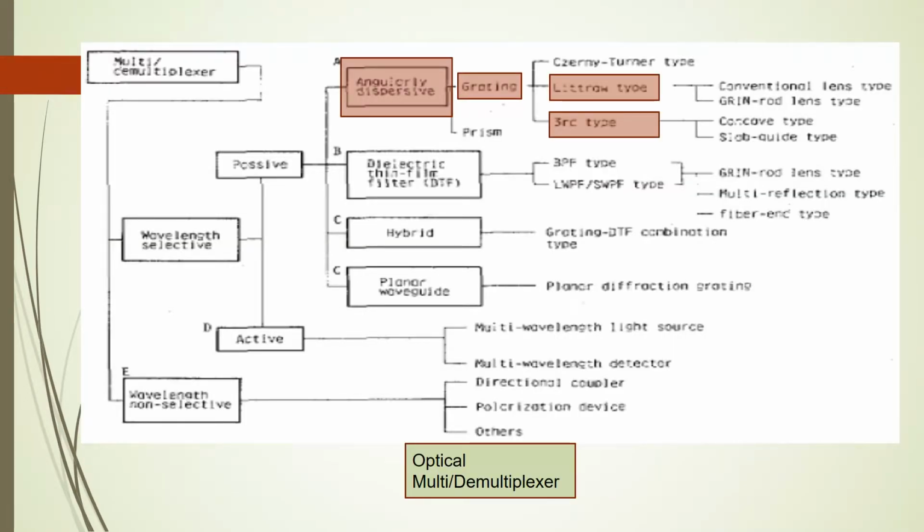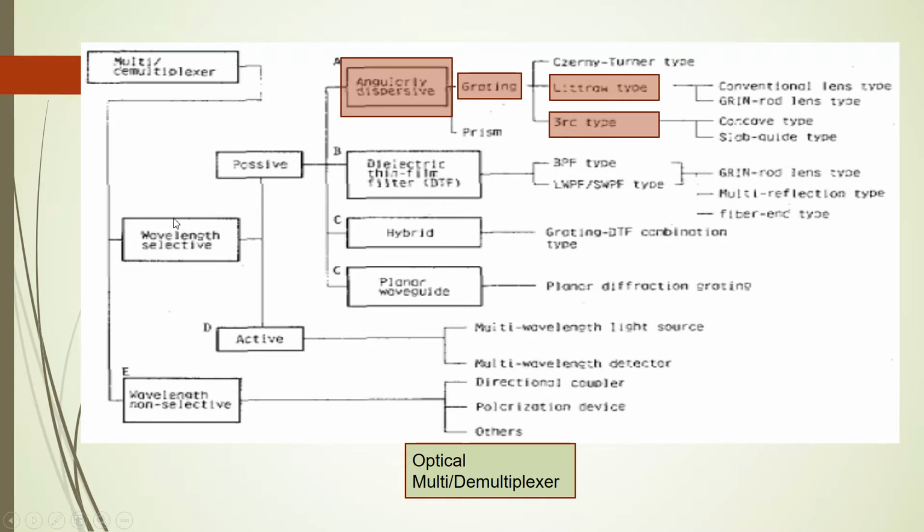And from this figure, we can see a block diagram that I can show to you that also acts as the optical multiplexer or demultiplexer. It can be diverged into two types, wavelength selective and wavelength non-selective.